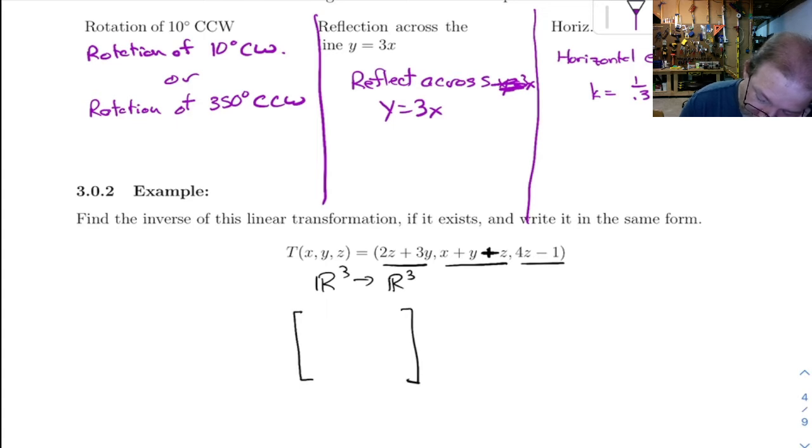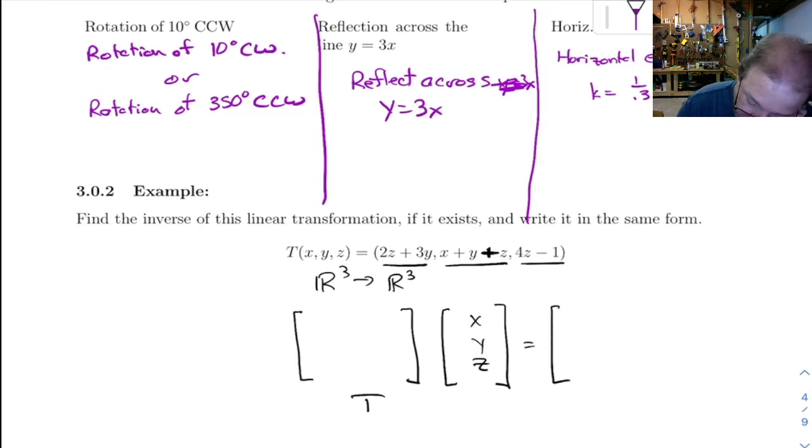And the matrix for T, that's a typo there too. That's supposed to be 4z minus x.